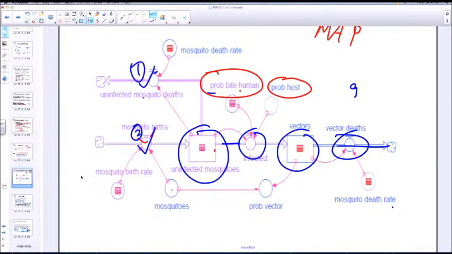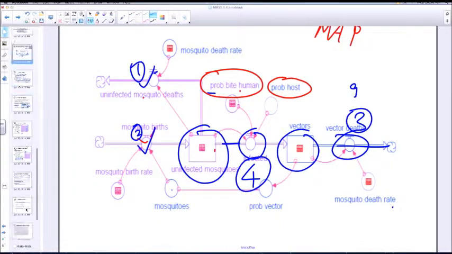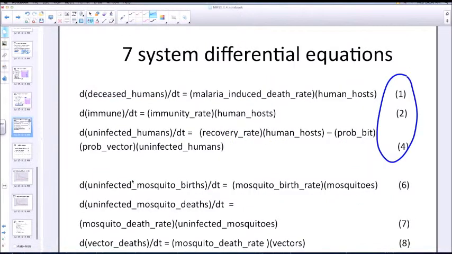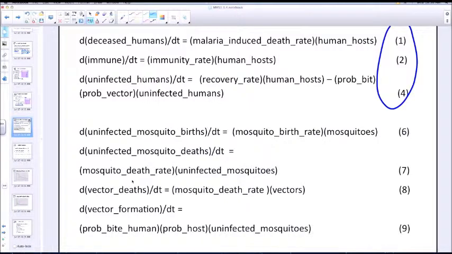1, 2, 3, 4. So those 4 equations are here. Now, there is the uninfected mosquito birth rate and uninfected mosquito death rate, that's 6 and 7, and the vector death rate, 8, and the vector formation, meaning the vector birth rate.